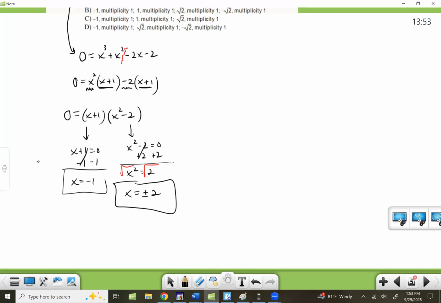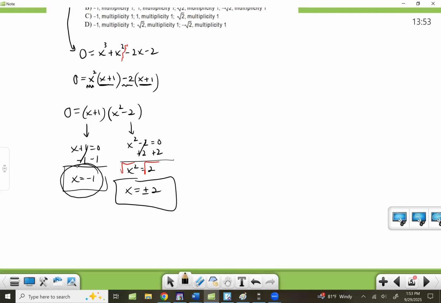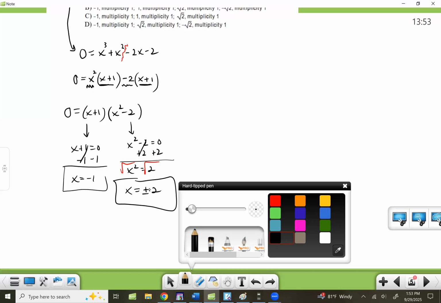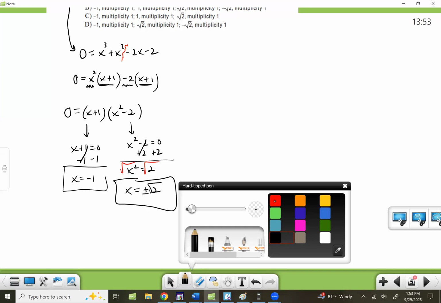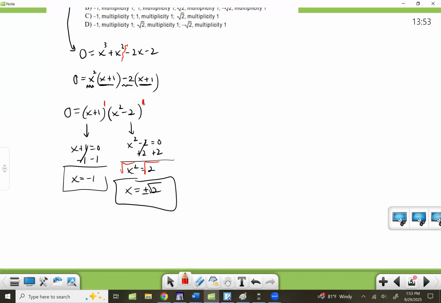We have -1, which is 1. And then we have, oops, I forgot the square root, don't mind me. We have positive root 2 and we have negative root 2, okay? Now, the multiplicity for all of these is going to be 1 because that is the exponent on the factor.